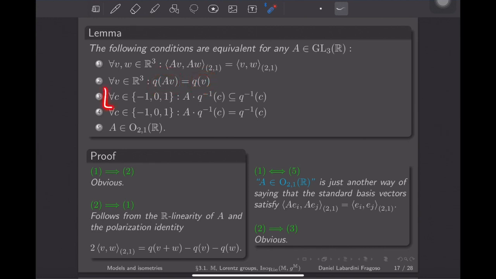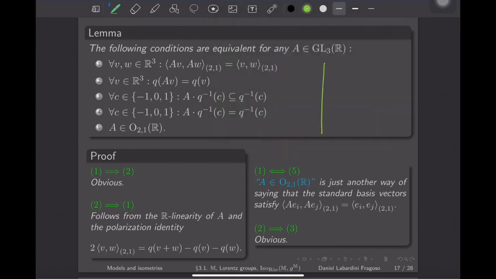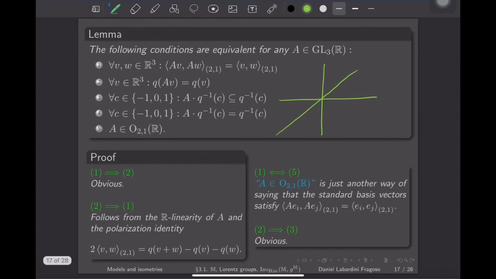Three: something seemingly weaker, where you only need to check that A preserves these three level sets. Recall the level sets.